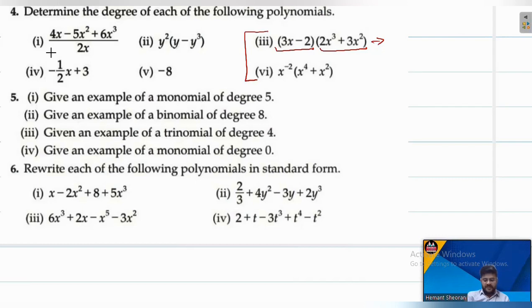Just think about the multiplication in your mind and then check what the highest power of the variable will be if you multiply. You will have your answer.